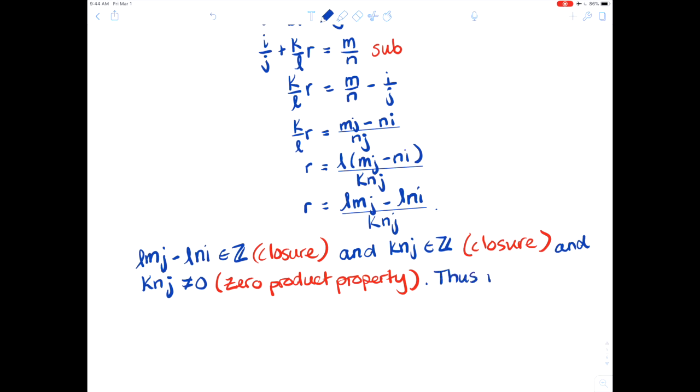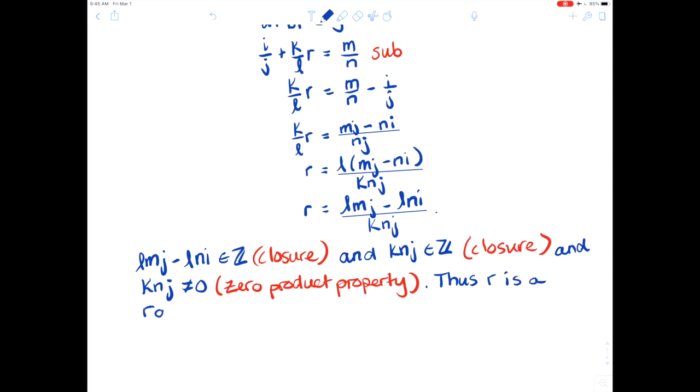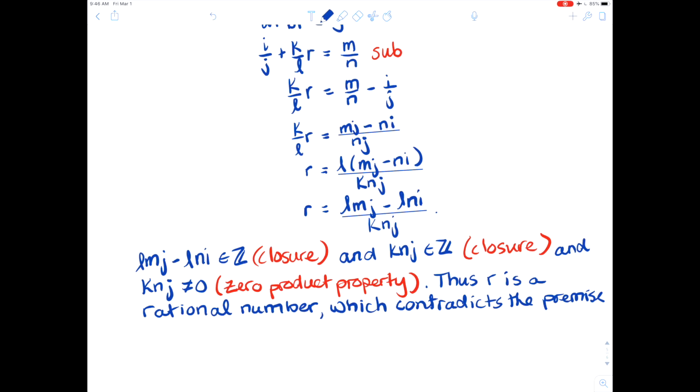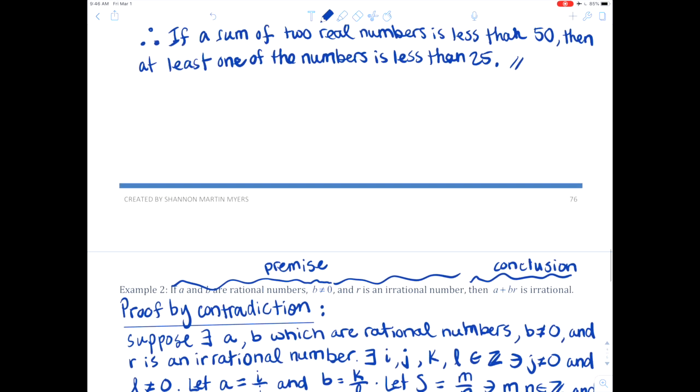Thus, R is a rational number which contradicts the premise given that R is irrational. Therefore, what was the statement?